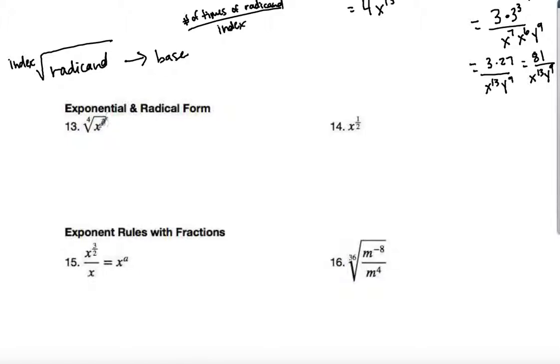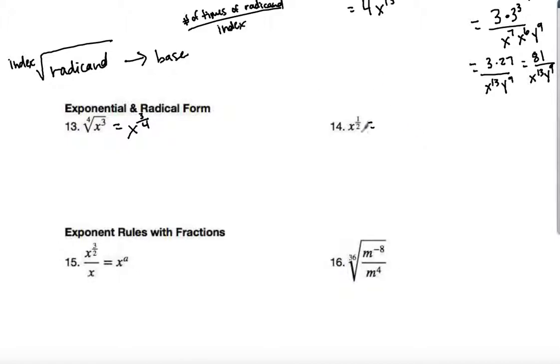I have in my radicand an exponent of 3, which means this is the times that I have this piece here. So my base is going to be x. My number of times I have the radicand will be 3, and my index will be 4. So the fourth root of x to the third will be x to the 3/4.